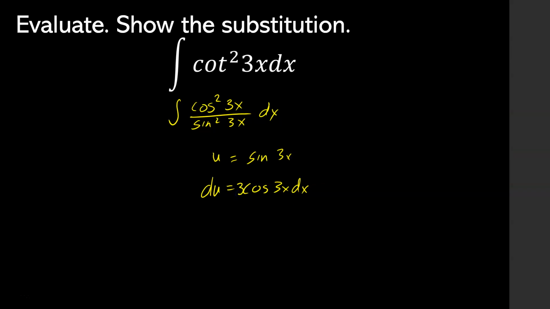But we haven't dealt with the squareds yet. Okay, well, maybe u is sine squared. That would make du 2 sine of 3x, chain rule, cosine of 3x, chain rule times 3. I don't think I can make 2 sine cosine of 3x into cosine squared of 3x.